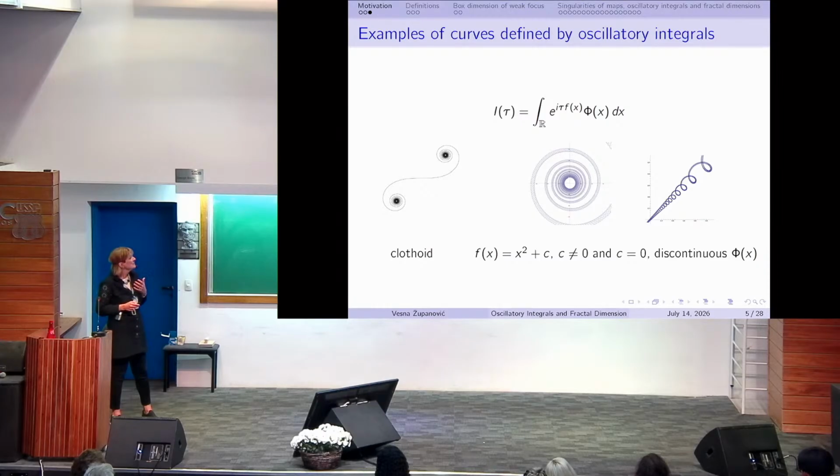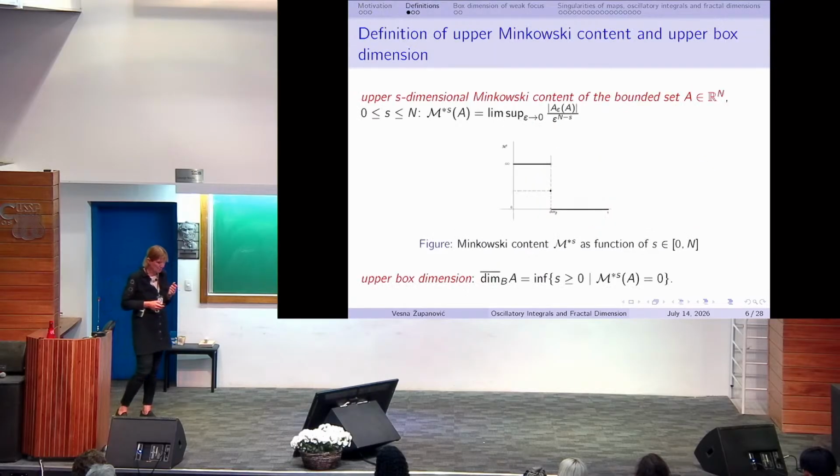For example, this phase function, if you have something like this, and C is not zero, and you have this continuous function, we call it the amplitude: F is the phase, V is the amplitude. You can obtain something like this, and something like this with C equal to 0. But okay, we have some results, but still not for such objects.